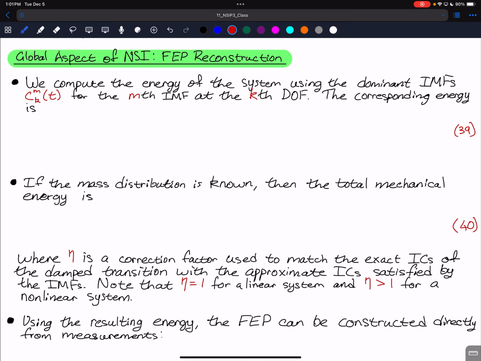And so we can compute the energy of the system using the dominant IMFs. In this case, we're going to say C sub k raised to the m, and that m is not a power, it's an index here. So this is the mth IMF at the kth degree of freedom.